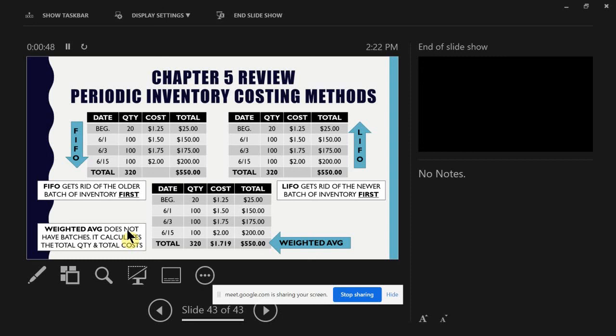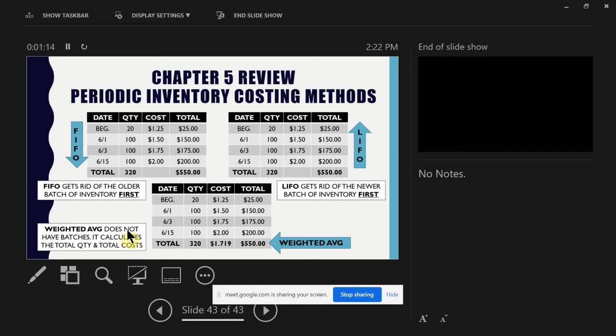And then again, weighted average. Weighted average, we don't care what came first. We don't care what came last. All we care about is what was our total amount that we purchased, what was the total cost, and evenly distribute the total cost amongst your total quantity. And we're going to get what's called an average cost per item, and that is what we care about.